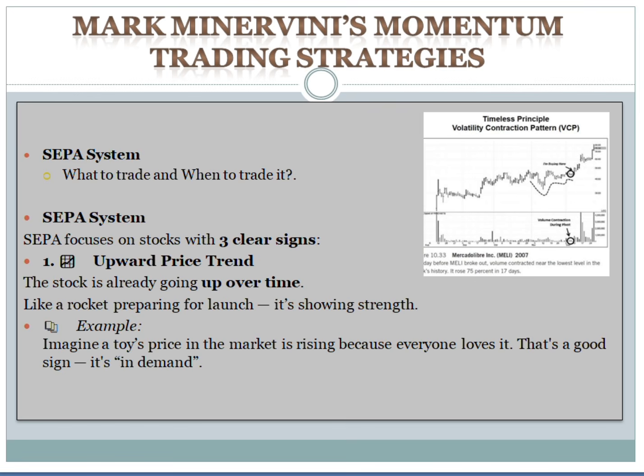We can see that the stock was already in an uptrend for a longer period of time, more than 4 months, and the stock was MELI. This VCP pattern was happening in 2007. So the first component of the SEPA system: the stock has to be in an upward price trend.